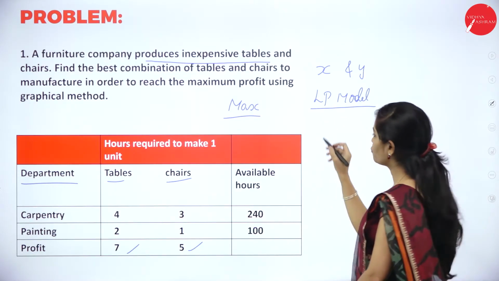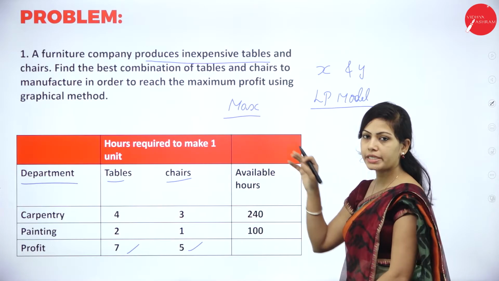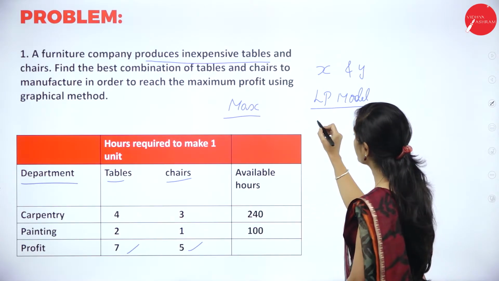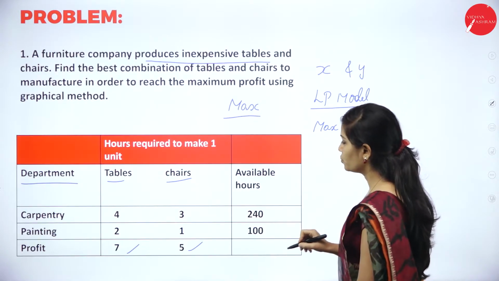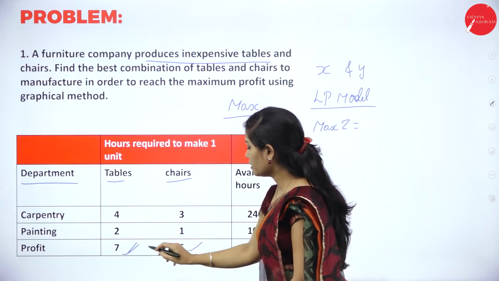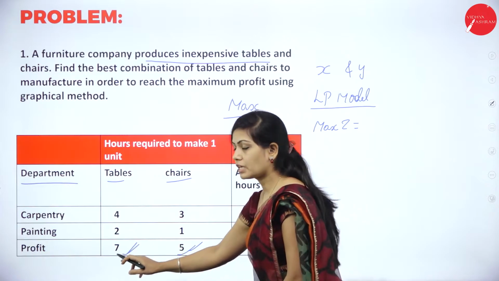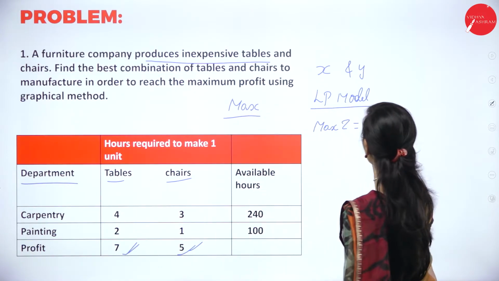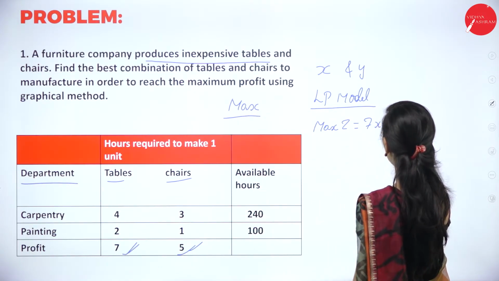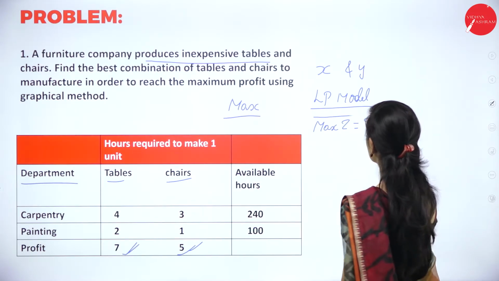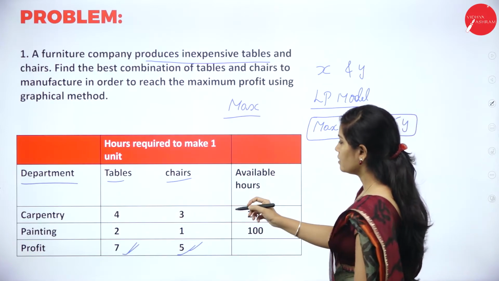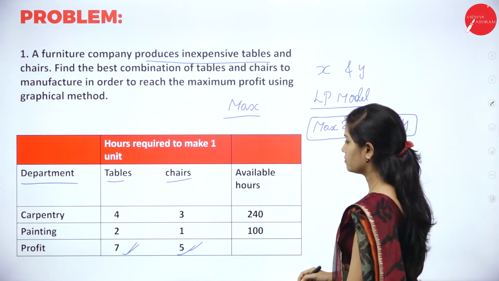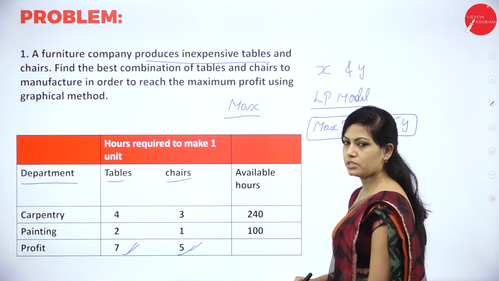To construct the LP model, first we write the objective function. It is a maximization problem, so Max Z is equal to 7x plus 5y. This is my objective function. Again, we have the availability for carpentry and painting.